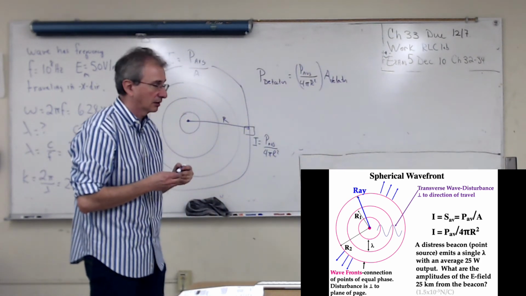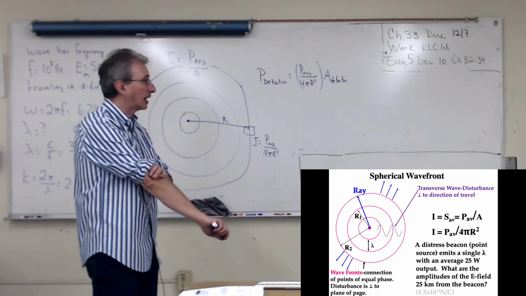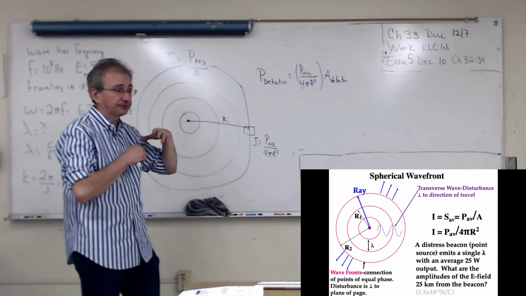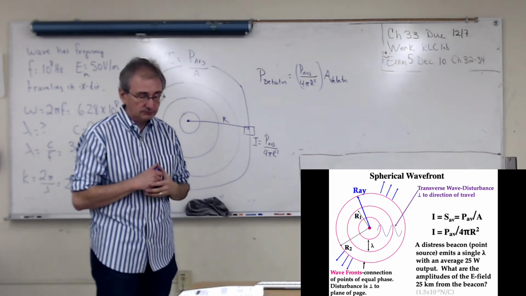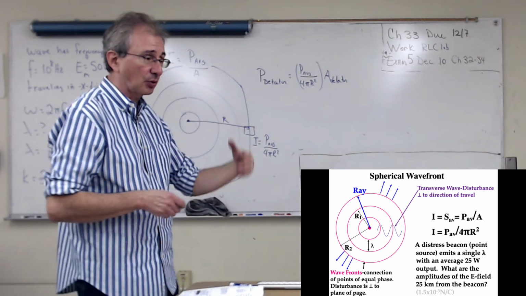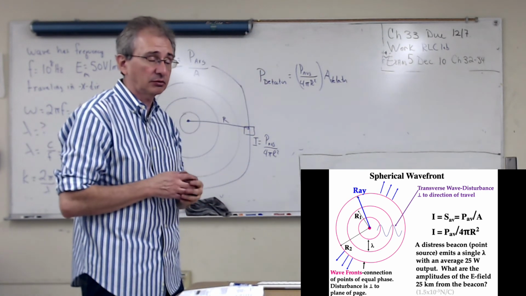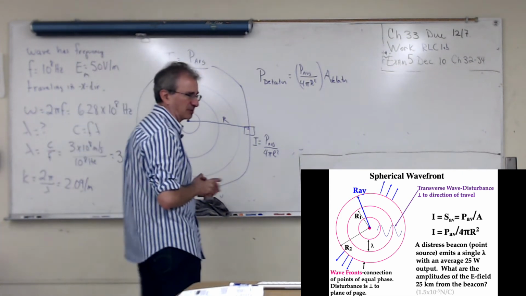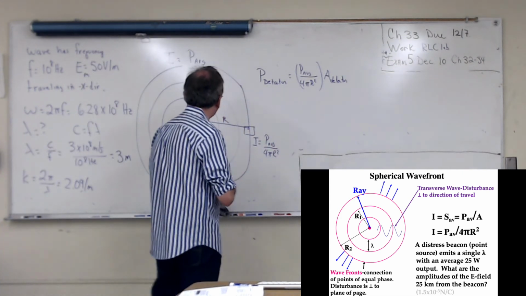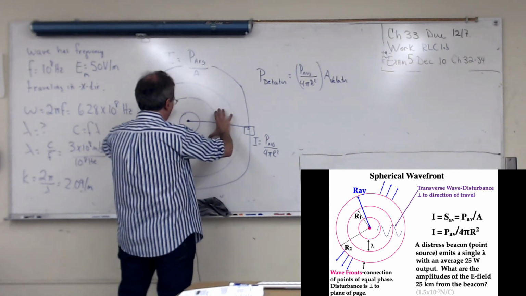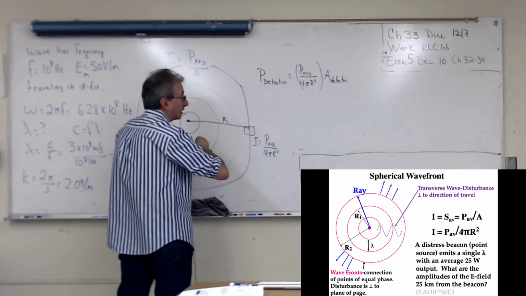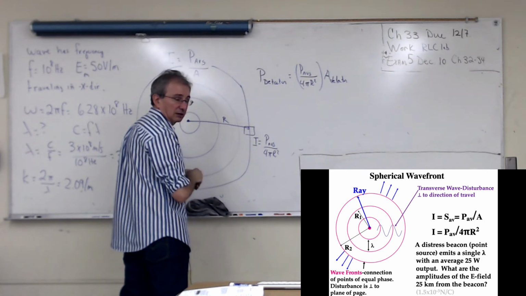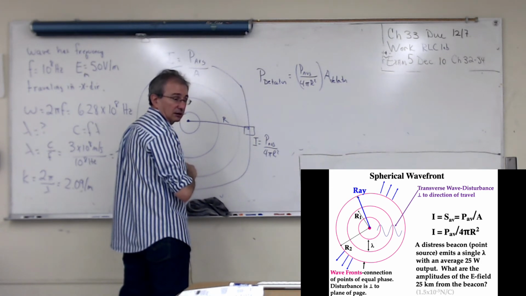By the way, think about how the energy of the field is proportional to the square of the amplitude of the electric field or magnetic field. And we're saying that it's constant, but it really isn't. If you think about it, as this wave gets further and further away from the source, this sphere gets bigger and bigger. You have the same energy spread over the sphere.